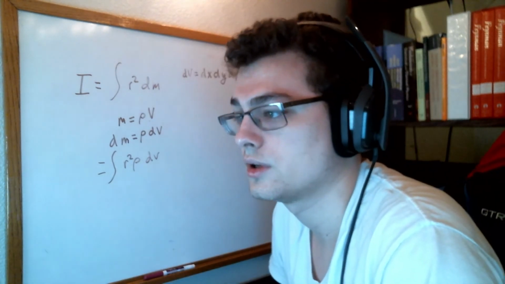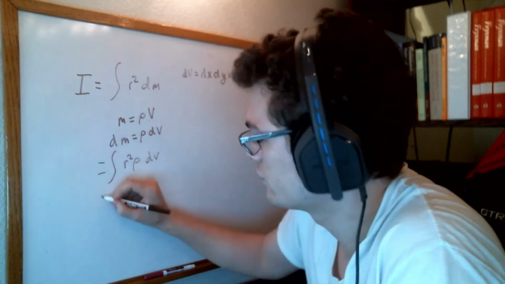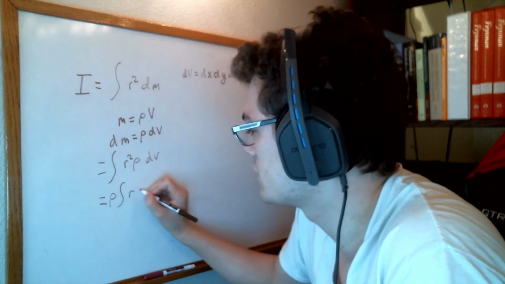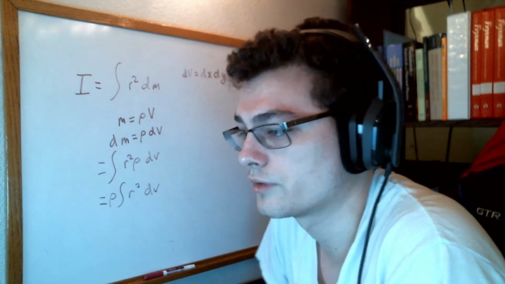Okay. So we can just do a couple things to simplify this integral. All we can do really is take out rho, because we know it's a constant, and this is what we are going to be left with.